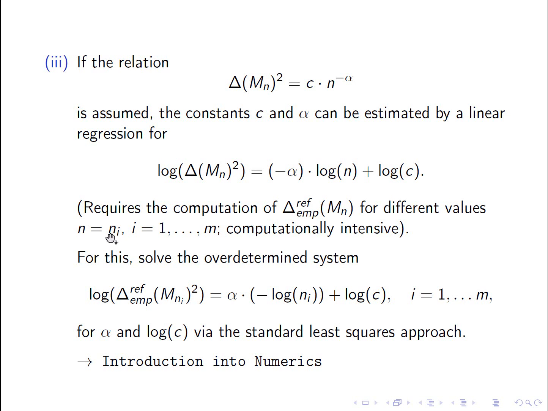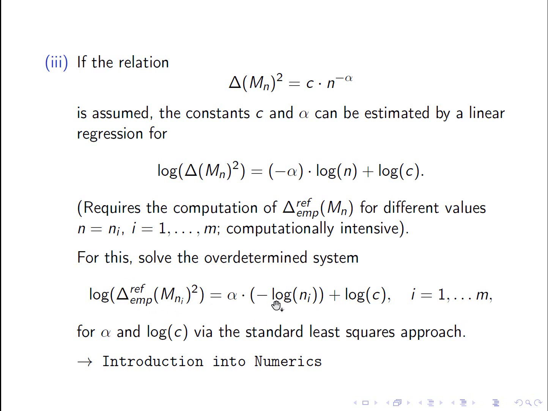Okay, so we have now this for different ni's, and we are getting different values of our empirical mean square error, with this exact solution replaced by the reference solution.